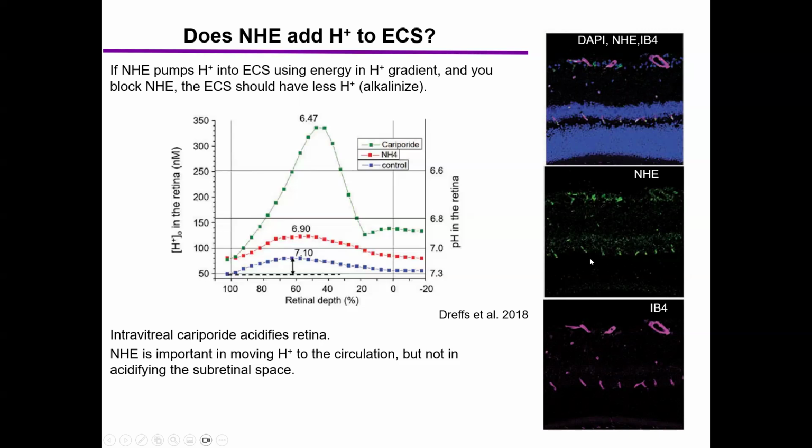But it is associated with blood vessels in both the deep capillaries and the superficial capillaries of the retinal circulation, and it's closely associated with the vessels stained by this lectin. And if we were to have seen the RPE here, we would also see some of that exchanger. Is that right?